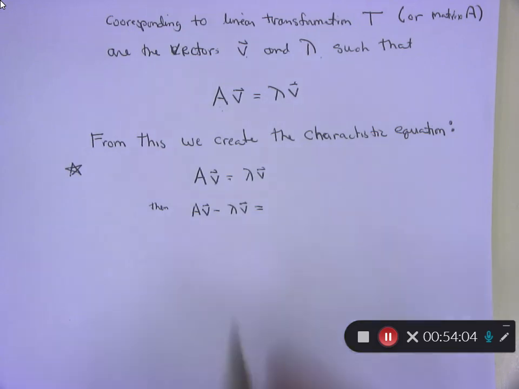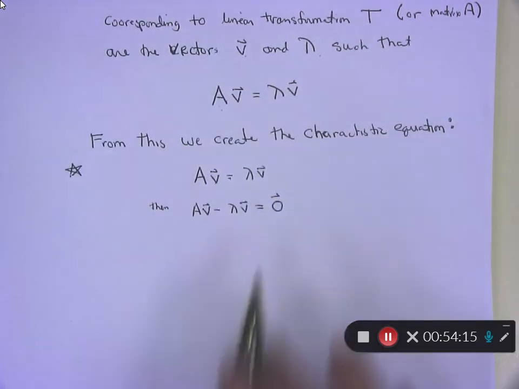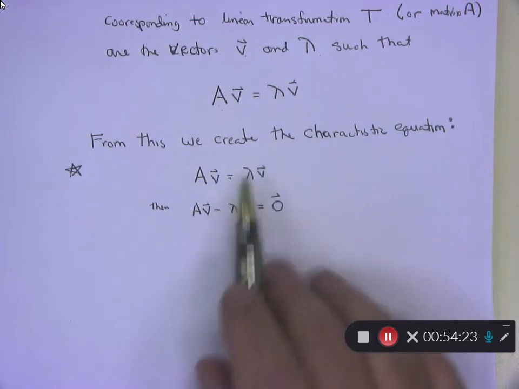I move this to the other side. What's it going to be equal to? 0 what? 0 constant or 0 vector? You said it. 0 vector. There's got to be a 0 vector, so we're going to be very precise with this stuff, right?